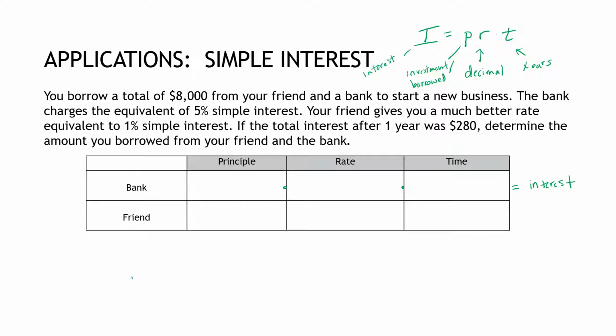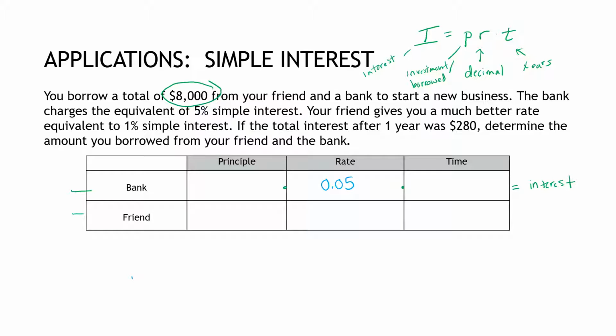So if you'll notice here, I am borrowing $8,000 total from a friend and a bank. So some from the friend, some from the bank. So notice I've labeled it bank and friend. The bank charges the equivalent of 5% simple interest. So I'm going to fill in my table as I go. The bank has a rate of 5%, which is 0.05.